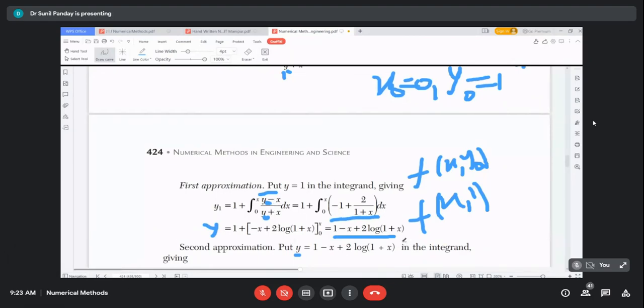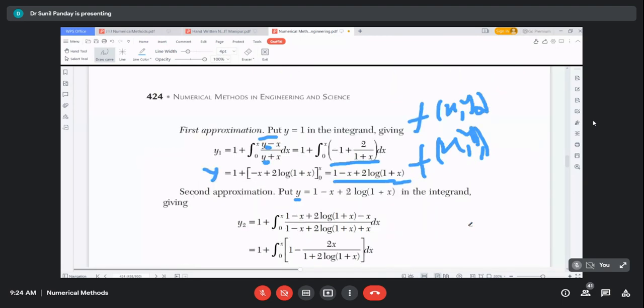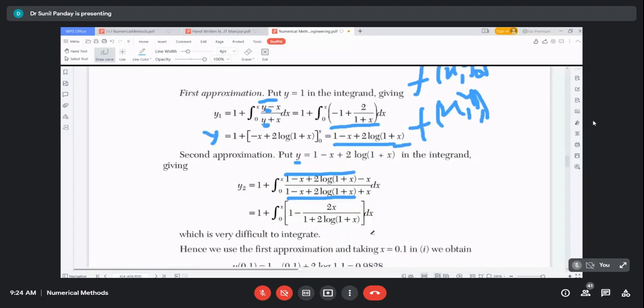So this is now our y1. Now wherever y is, we have to replace that y by y1 to get the next approximation. So you can see that this y is now replaced by y1, and then you simplify it and integrate.